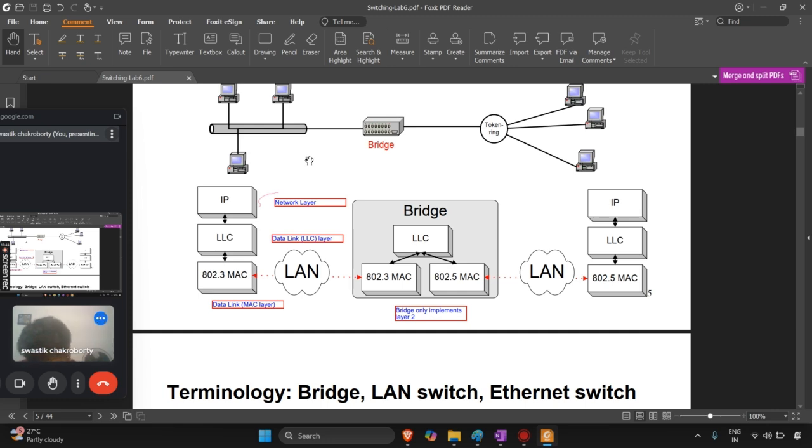So the bridge has both, and since the 802.5 MAC is a part of the other LAN network, you could access the other LAN network also. So this ensures that there is connectivity between the LAN networks.